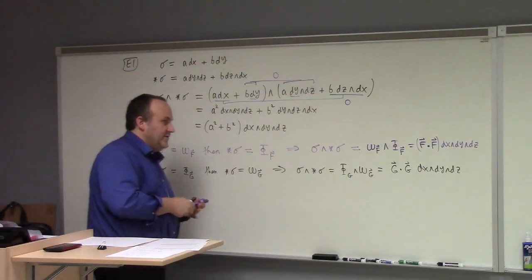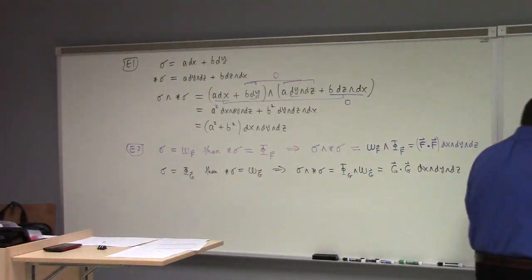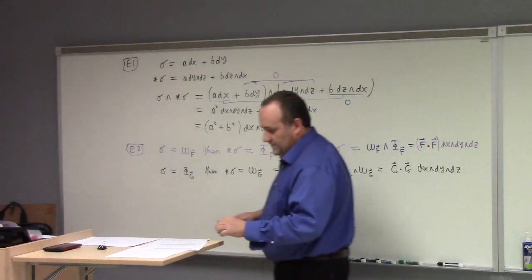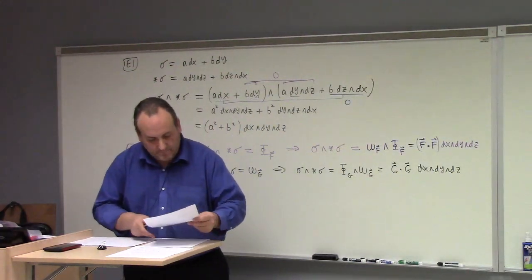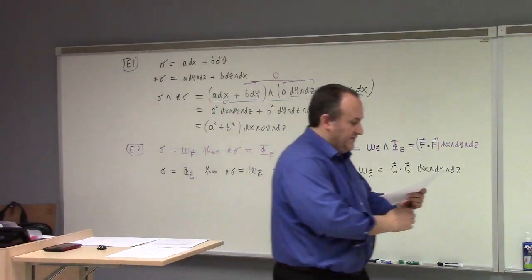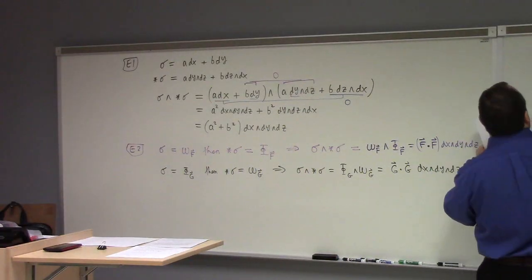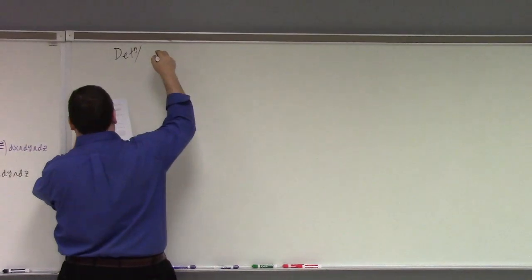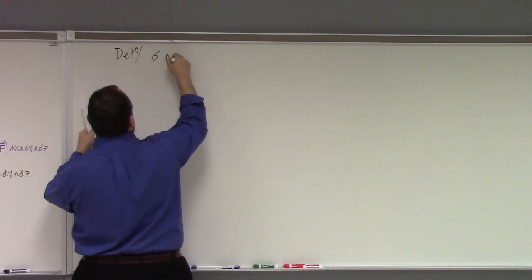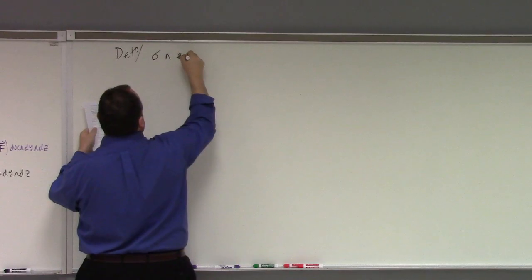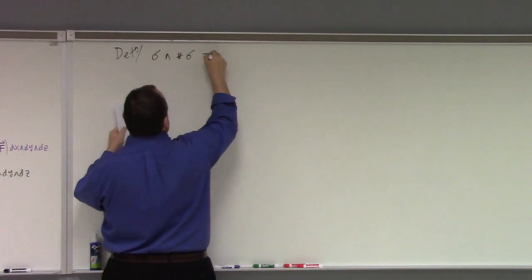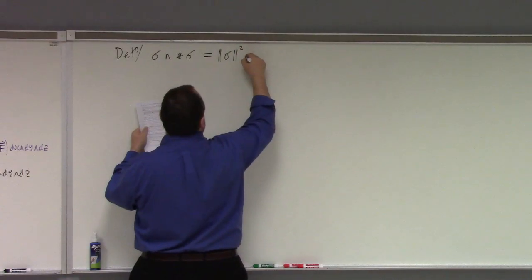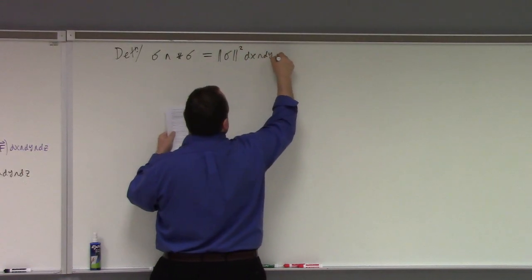And so an alternative way to define Hodge duality, which you'd see in more sophisticated treatments, so this is why I've said it's a definition. An alternative definition of Hodge duality is just this: sigma wedge the Hodge dual of sigma is equal to the length of sigma squared times dx wedge dy wedge dz.